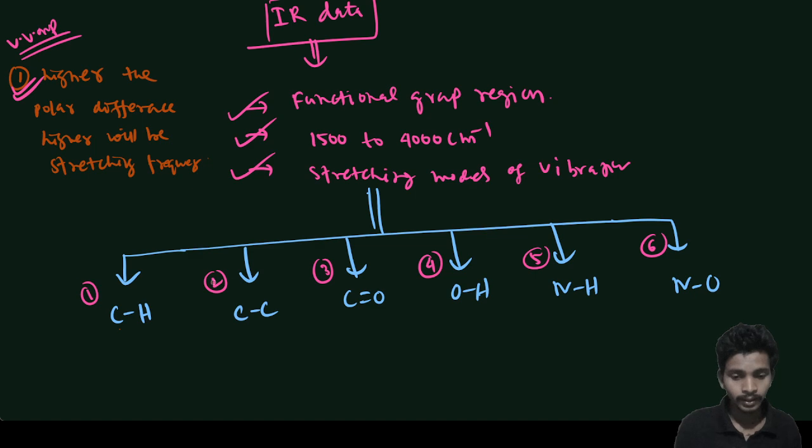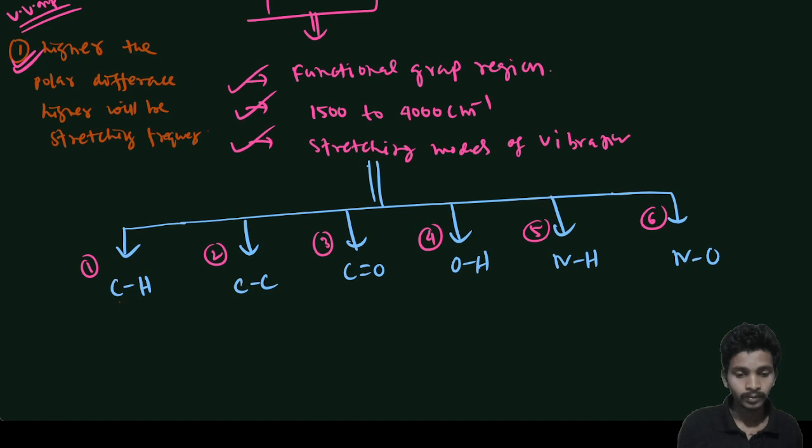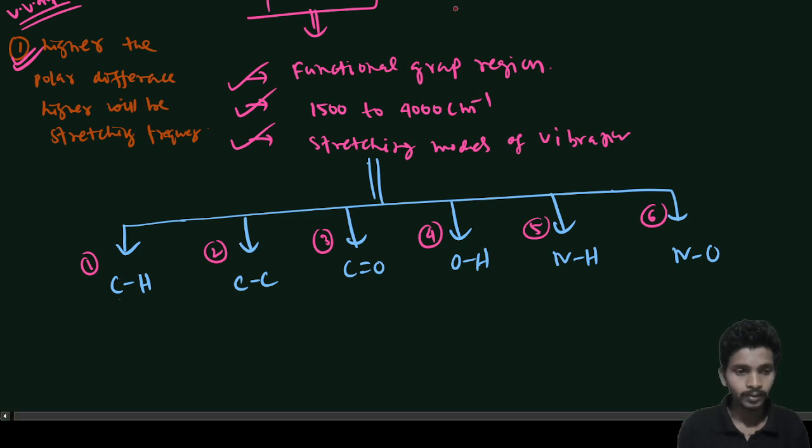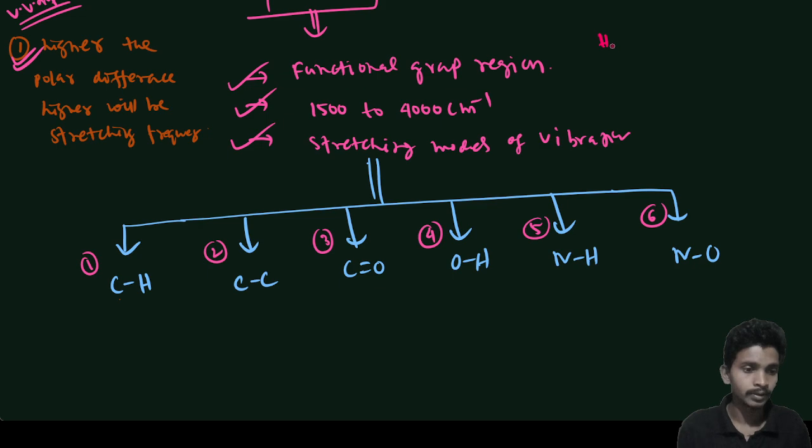So here we see what the polar difference is. This is 2.5, this is 2.2. Okay, we know hydrogen, helium, lithium, beryllium, boron, carbon, nitrogen, oxygen, and fluorine.